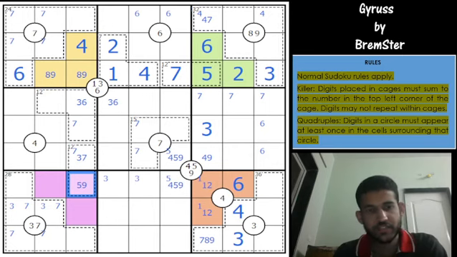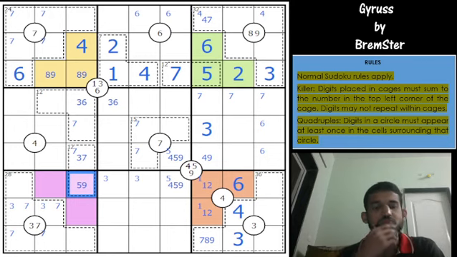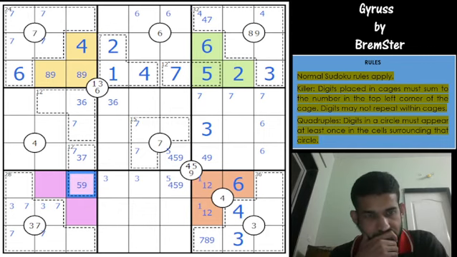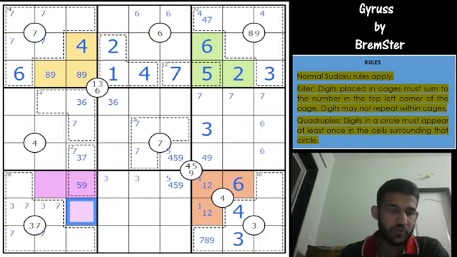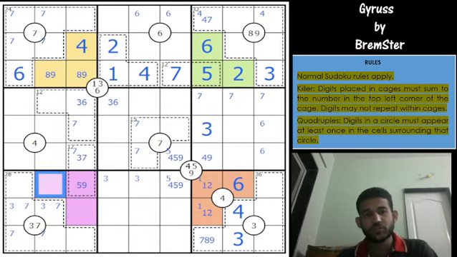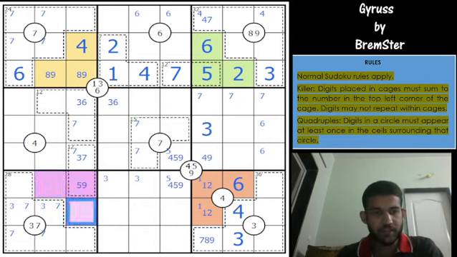So let's say this is 9. Then these two cells must sum up to 8, in which case this would be 6 and this would be 2. Okay, so in both the cases, we can write the pencil marks here.